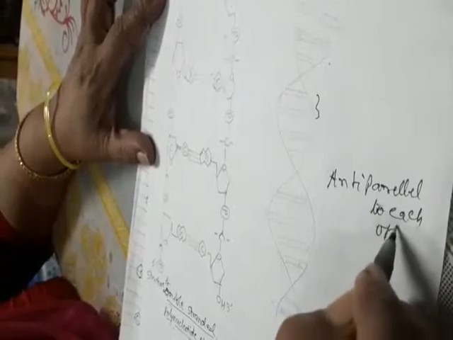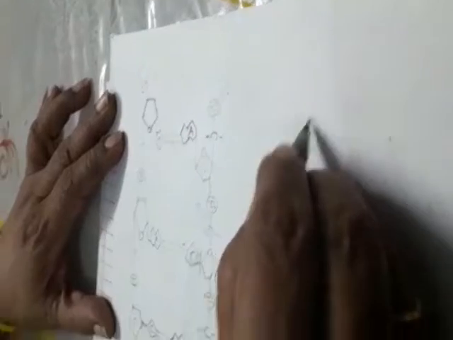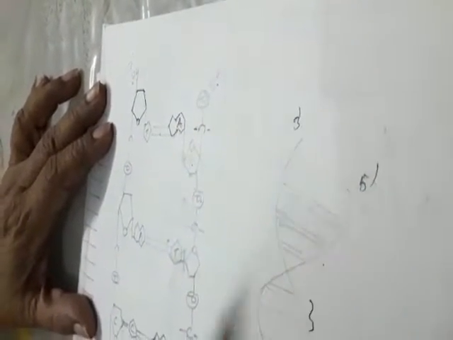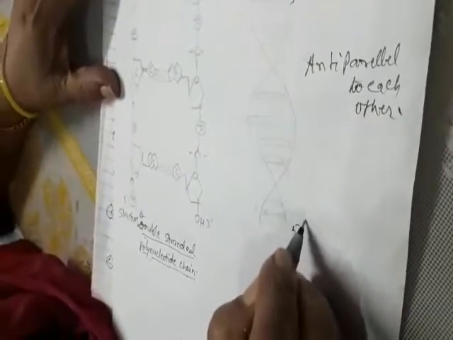The strands of the polynucleotide chain run anti-parallel to each other: 3' end, 5' end, 5' end, 3' end.